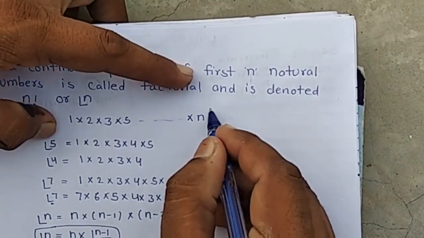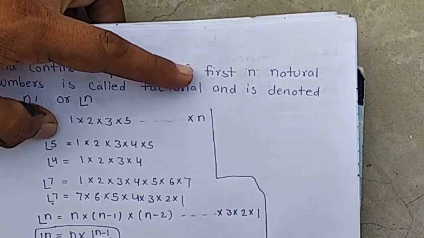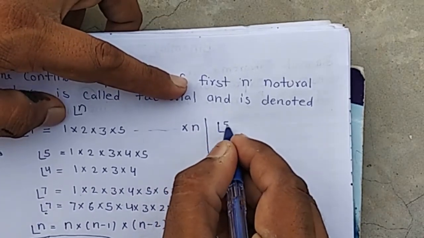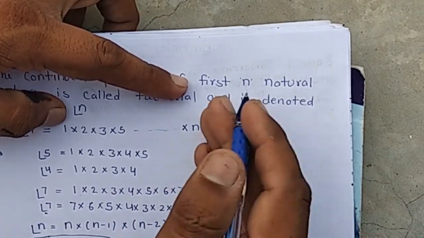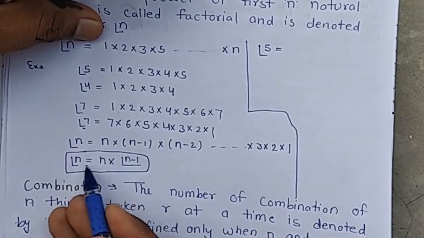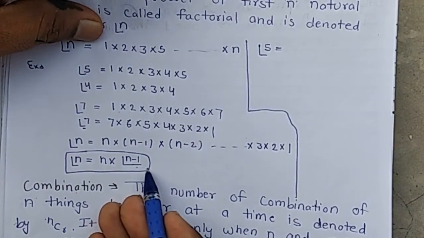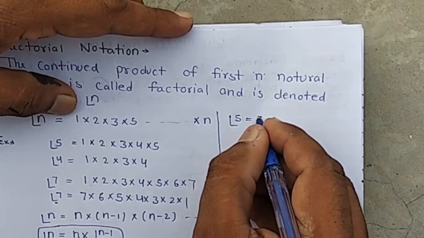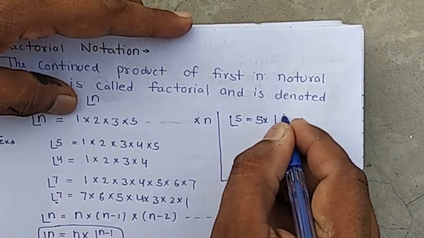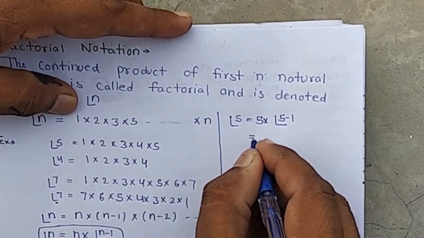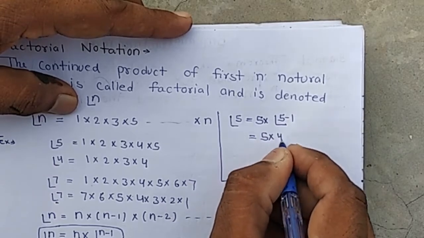Means if you have to find the value of factorial 5, then using factorial n equals n into factorial n minus 1, factorial 5 equals 5 into factorial 5 minus 1, means 5 into factorial 4.